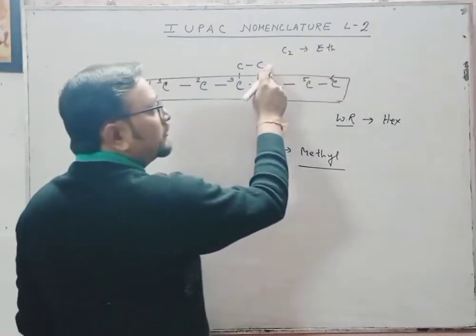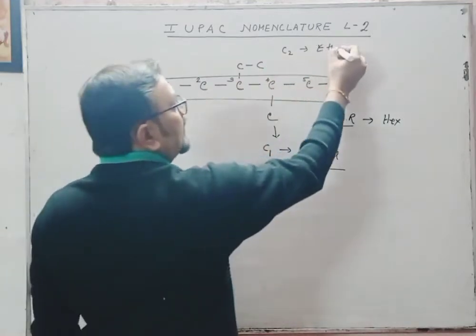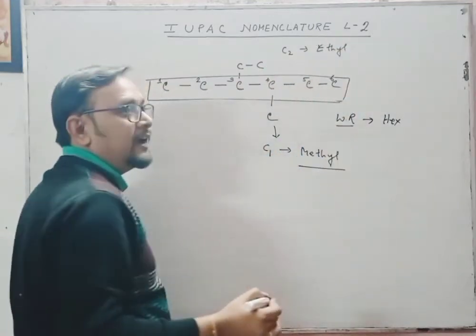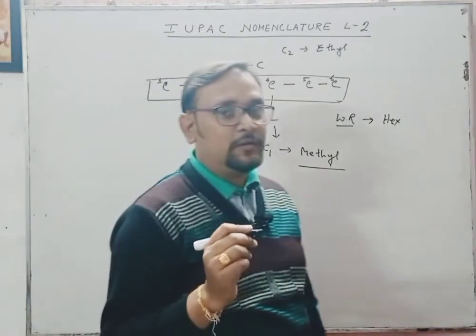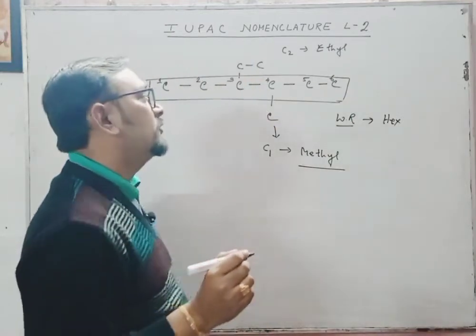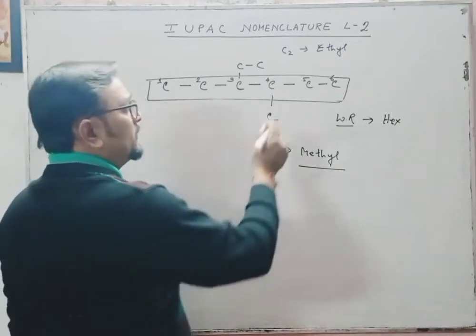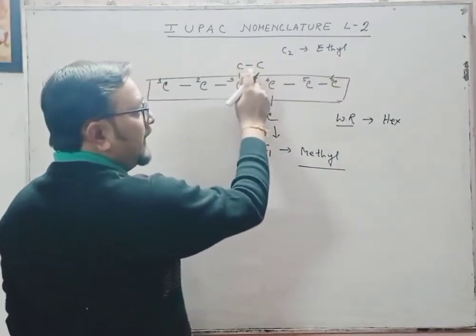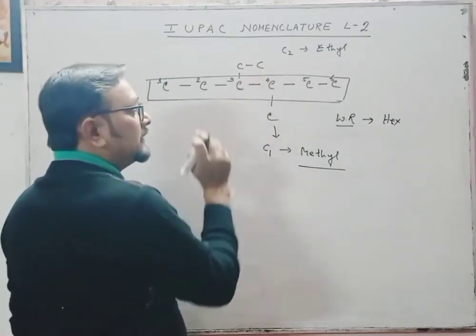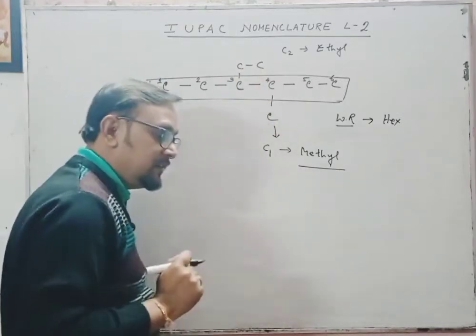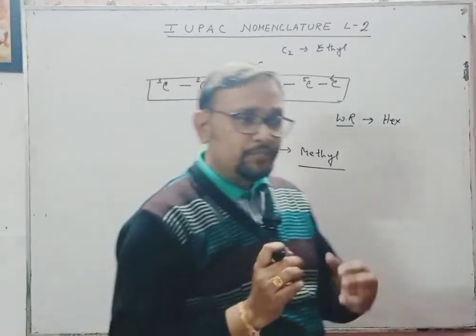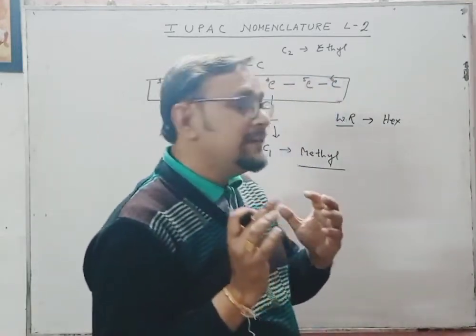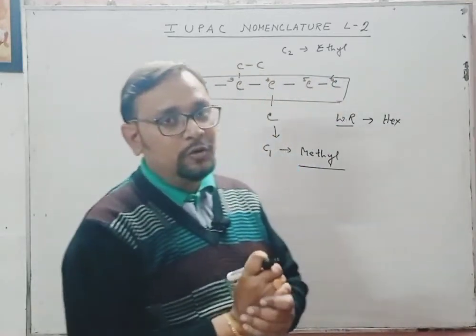And since this is also an alkyl group, we will write yl as the suffix. These substituents are also acting as prefixes. So here C2 is ethyl. The name of this substituent is ethyl and the name of the other substituent is methyl. Now here one interesting thing you have to note.